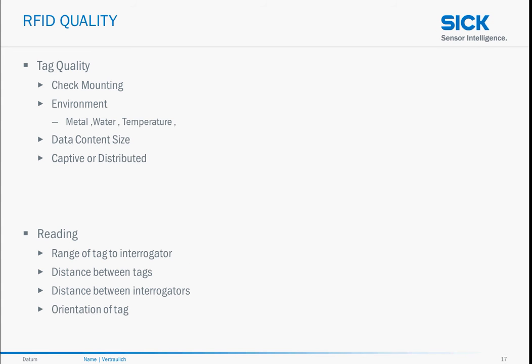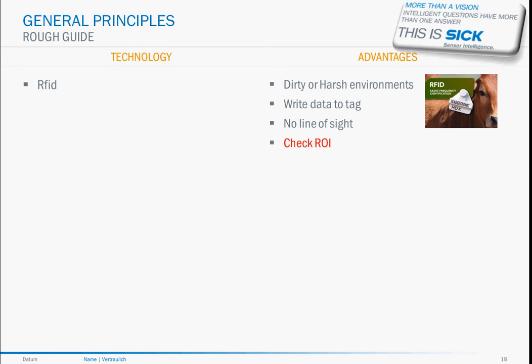We don't want any overreach where we read data from the wrong tag. And we need to know the distance between consecutive tags to make sure that we're not reading the wrong tag, and the distance between interrogators so we don't fill the whole place full of too much UHF, and that would cause problems of getting it to operate in the time that we need.